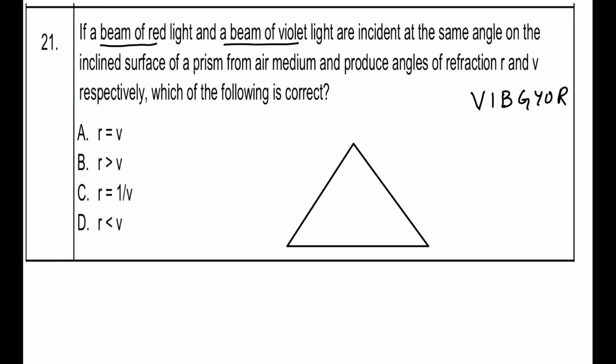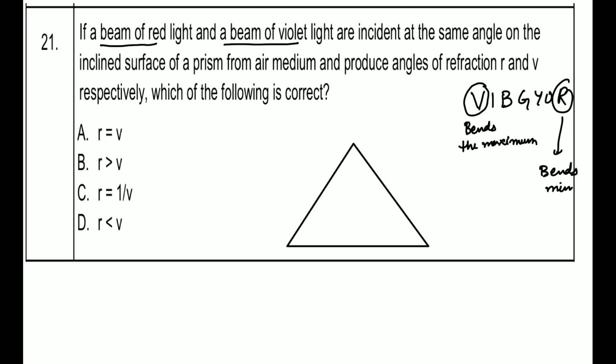So inside the prism violet light bends the maximum, right? This is something which we know. And red bends minimum, right? Red bends minimum and the violet light bends maximum.